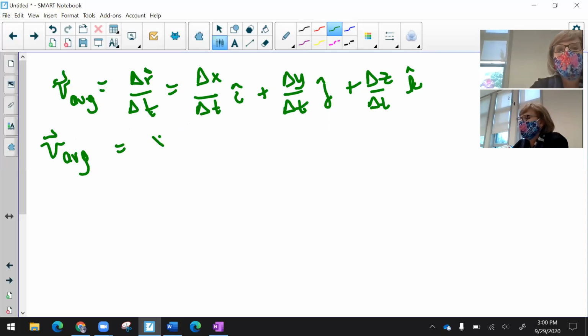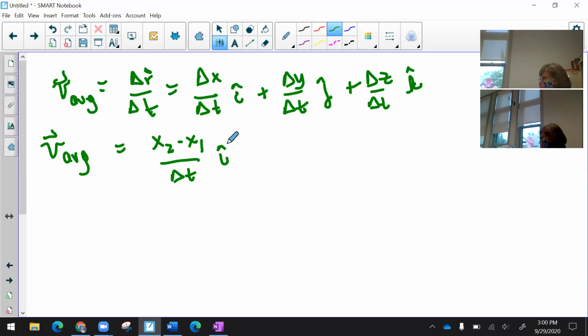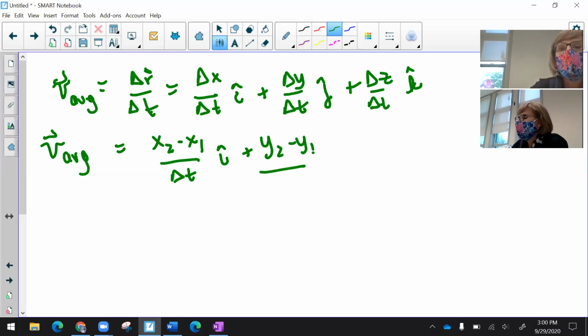So I can further make this x2 minus x1 over delta t, where x2 is the x component of R2, and x1 is the x component of R1. And do the same thing for the other dimensions.